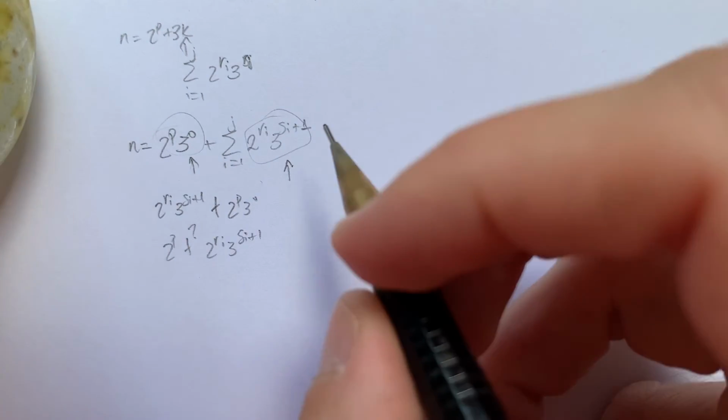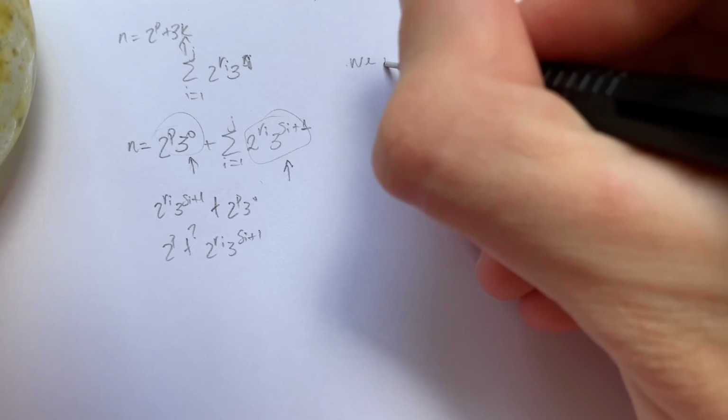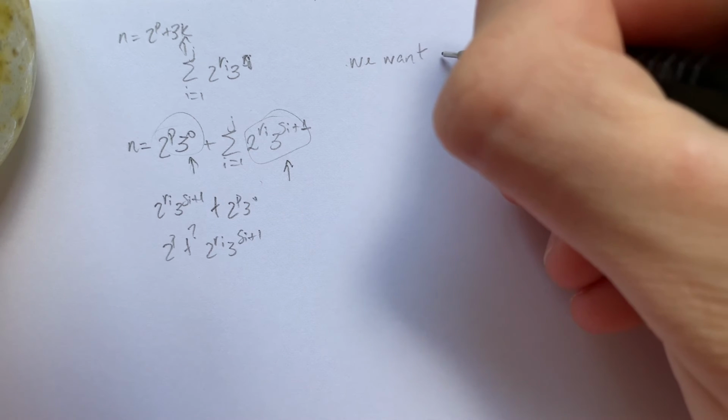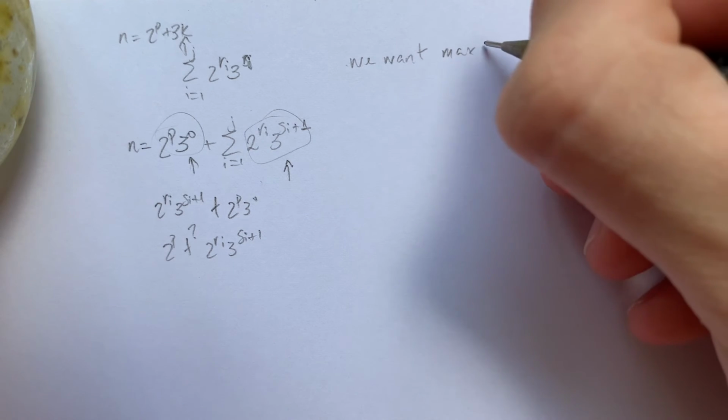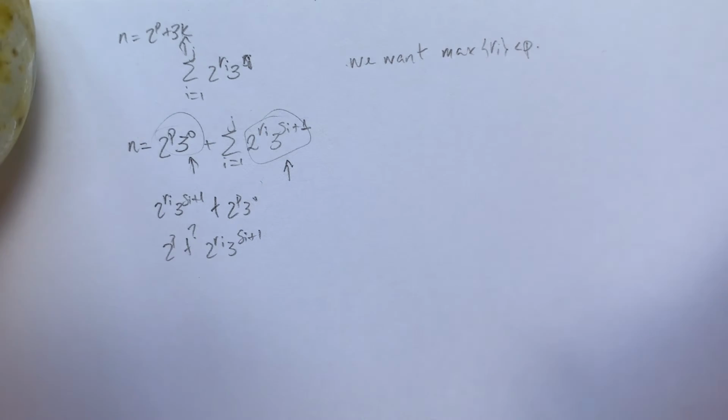In other words, what we want is for the maximum of the ri's to be smaller than p.